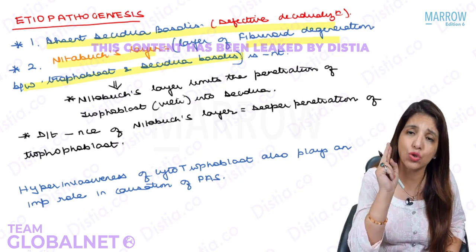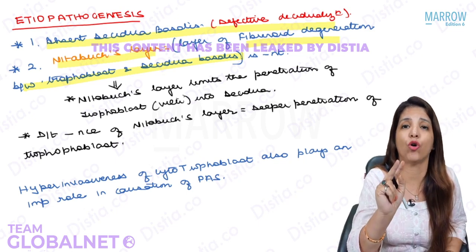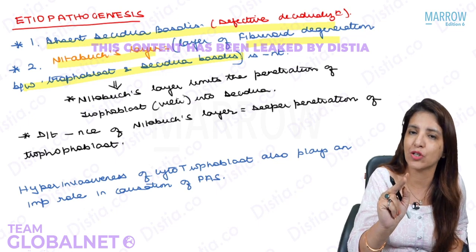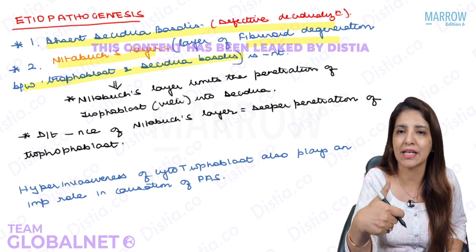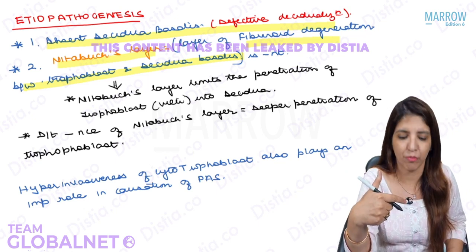So, these two conditions are important for the development of placenta accreta spectrum. Number one, defective decidualization, that is absent decidua basalis, and number two, absence of the Nitabuch layer.